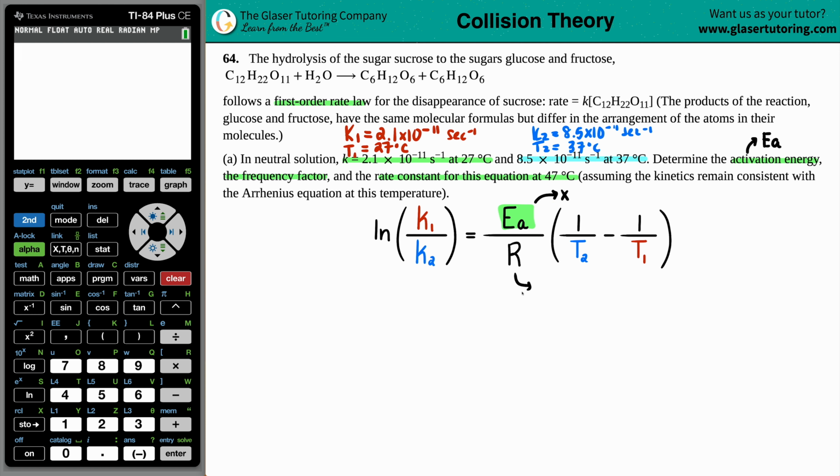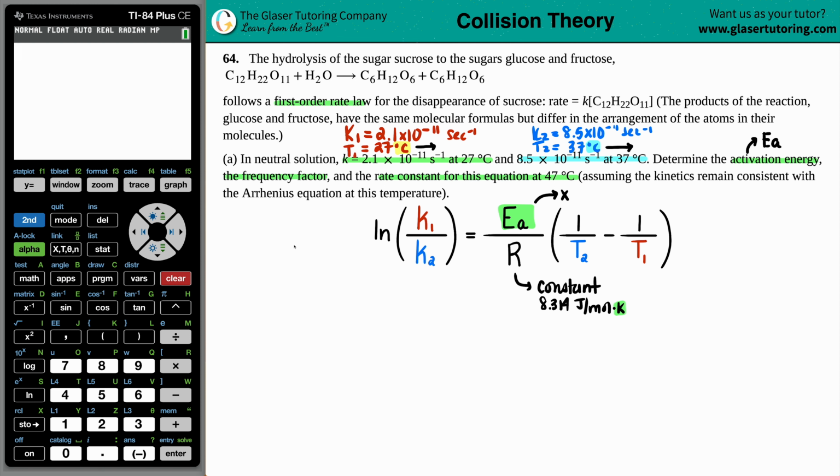And the only thing that we didn't talk about is the R value, but the R value is a constant number. This is 8.314, and it's in joules per mole times Kelvin. So that's the first thing I see here, is that if the R value is in a unit of Kelvin, those temp values that they gave us, right? Because they gave it to us in Celsius. So the first thing we got to do is just convert these Celsius values into Kelvin.